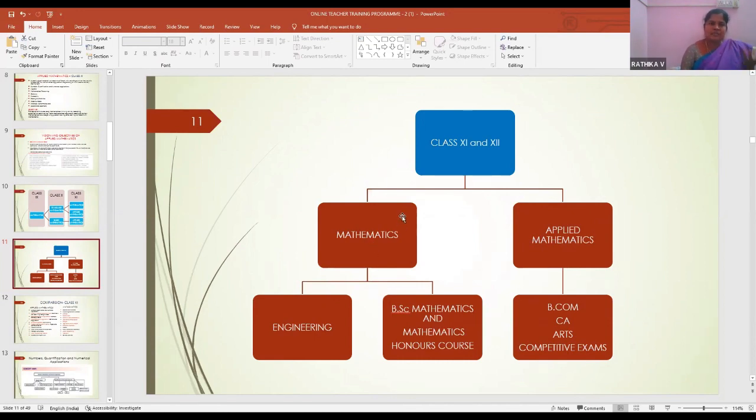They can take physics, chemistry, and biology along with applied mathematics, but such students cannot opt for engineering courses or BSc mathematics. So with applied mathematics, it is mainly the commerce stream where it is useful. So they can take BCom, CA, arts, competitive exams in that way.